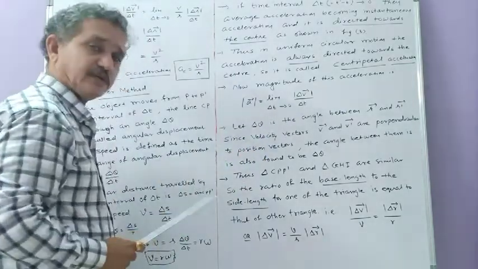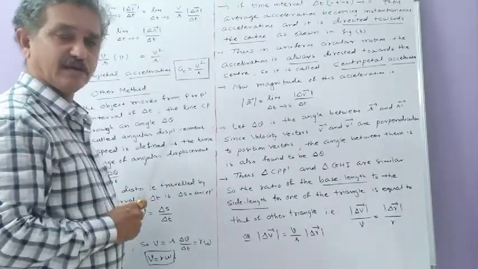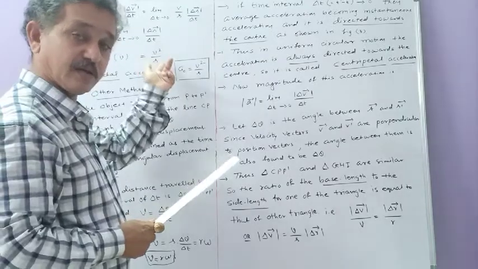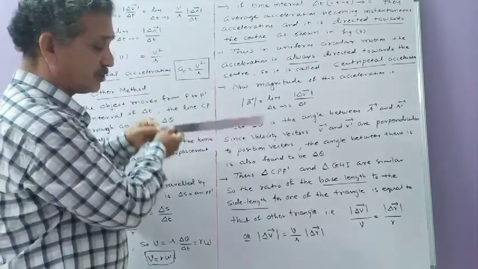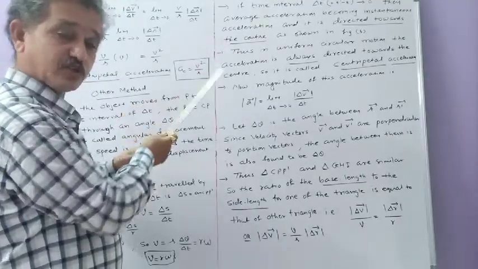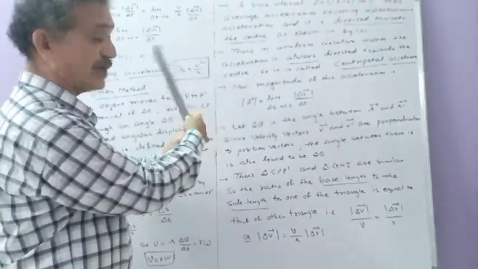Now if we say delta theta is the angle between vector r and r dash, you have seen in the earlier diagram, vector r was like this one, vector r dash was like this one, delta theta was the angle. The same angle theta you will get between vector v and v dash.